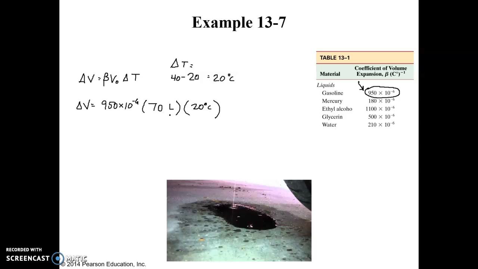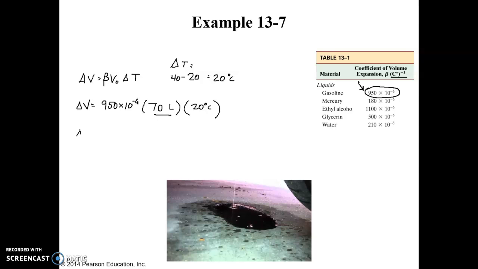Now, normally we would want to use meters to the third power for units of volume. So liters are not a typical unit of volume that we would use. But in this particular case, it doesn't really matter because the units of beta are Celsius to the negative 1 power. And when we multiply that by degrees Celsius, it's just going to cancel out.